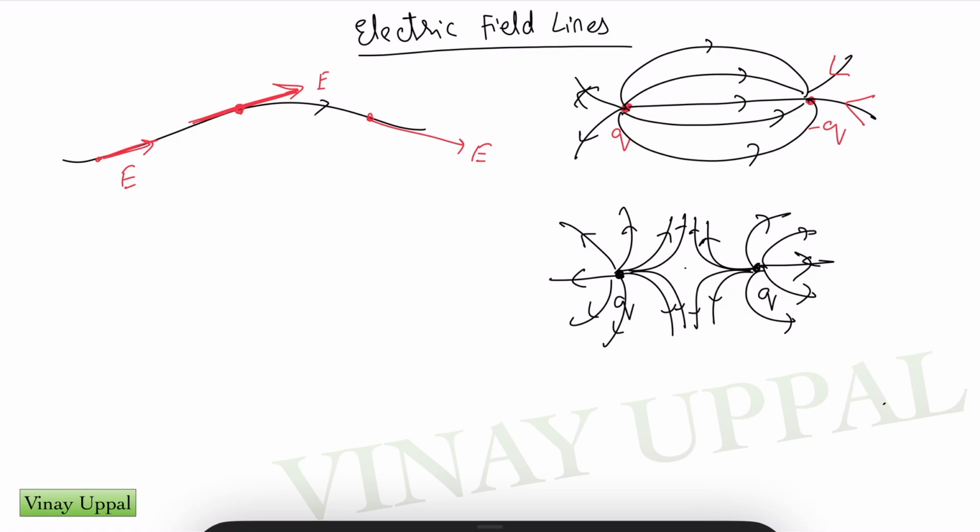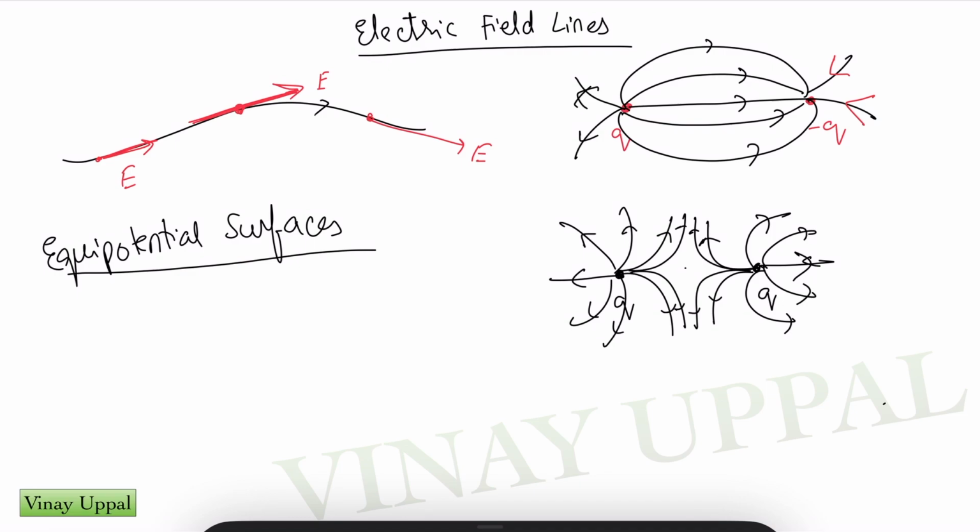Alright, let's also talk about equipotential surfaces. Equipotential surfaces are surfaces whose potential at every point on that surface is a constant. For example, if I have a simple point charge, at a distance r the potential is equal to kq by r, and if I set it to a constant, I'll get r as a constant, which in 3 dimensions is basically a spherical surface.